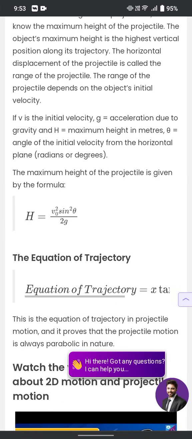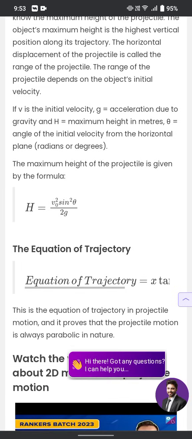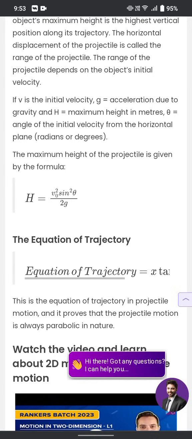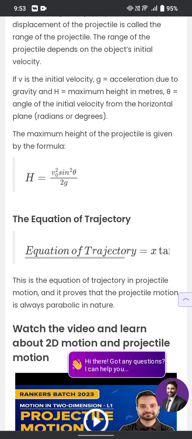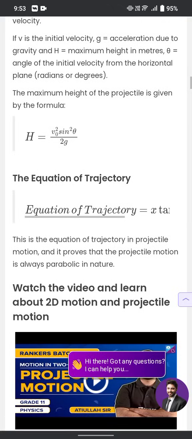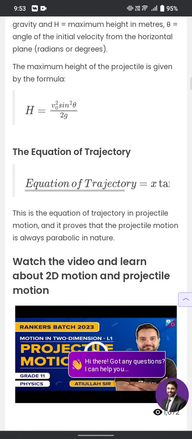If u is the initial velocity, g is equal to acceleration due to gravity, h is equal to maximum height in meters, and theta is equal to angle of initial velocity from the horizontal plane, in radians or degrees, the maximum height of the projectile is given by the formula h is equal to u squared sine squared theta over 2g.